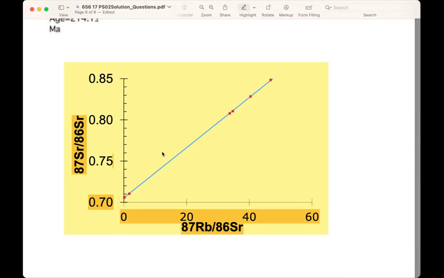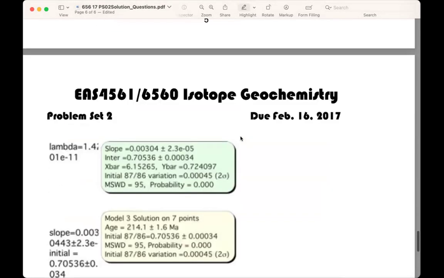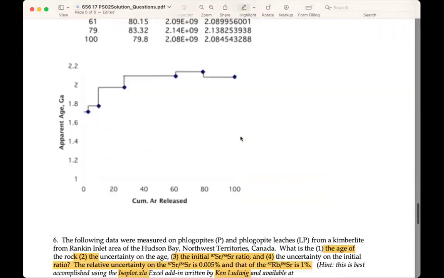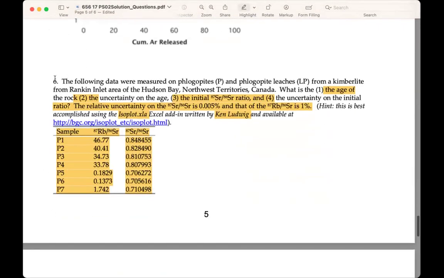So you use some intermediate arbitrary points to get the gradient m calculated, and to calculate the age. The initial ratio can be read from here. Okay, so I will share this document, so you can try question number 6 with a graph sheet. Okay, right.